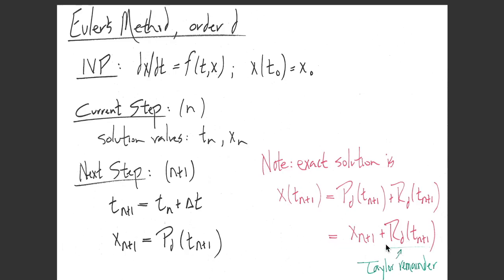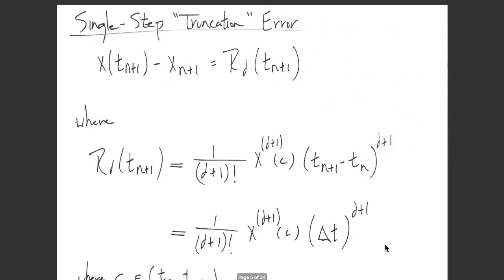But we can work with the Taylor remainder formula here to have Euler's method sort of self-adjust and stay within prescribed error bounds. Let's call the difference between the exact solution and the computed solution the truncation error. Truncation comes from the fact that we're using the Taylor polynomial, which you can think of as a truncated Taylor series.